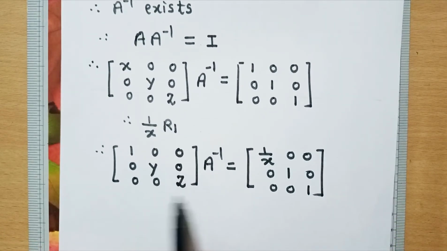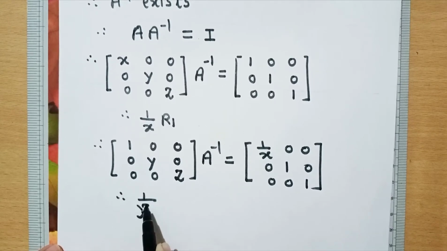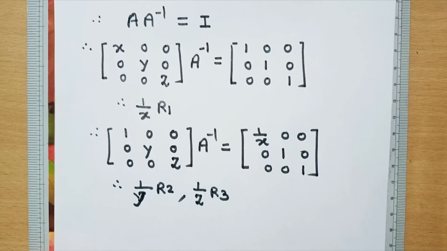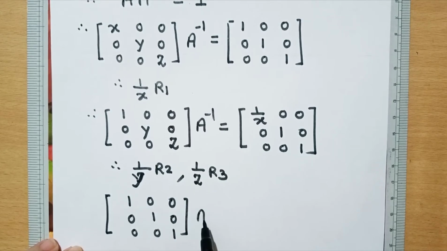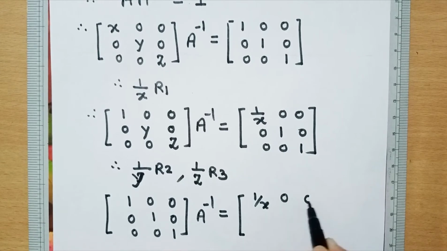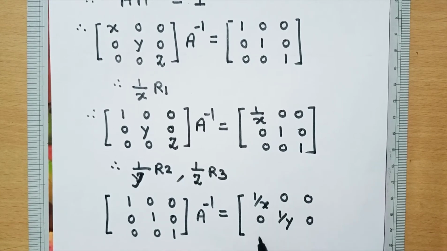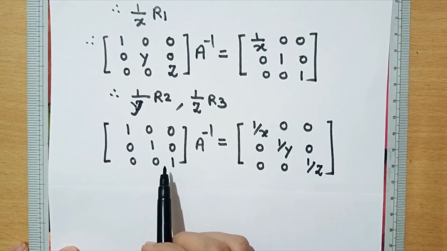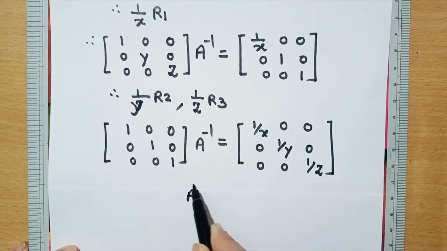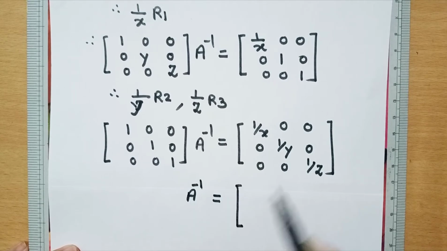Now same we will do for second row and third row, and therefore 1 upon y into R2 and 1 upon z into R3, we will get 1 0 0, 0 1 0, 0 0 1, A inverse, that is equal to 1 upon x, 0 0, 0 1 upon y 0, 0 0 1 upon z, and this is nothing but the identity matrix, and multiplied to A inverse is A inverse itself, and that is equal to again this whole matrix.